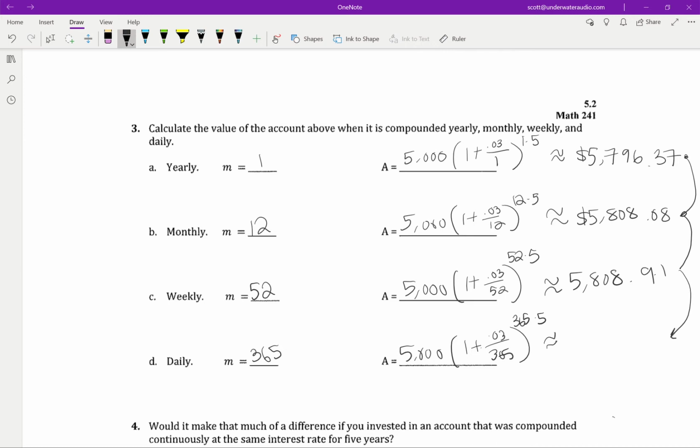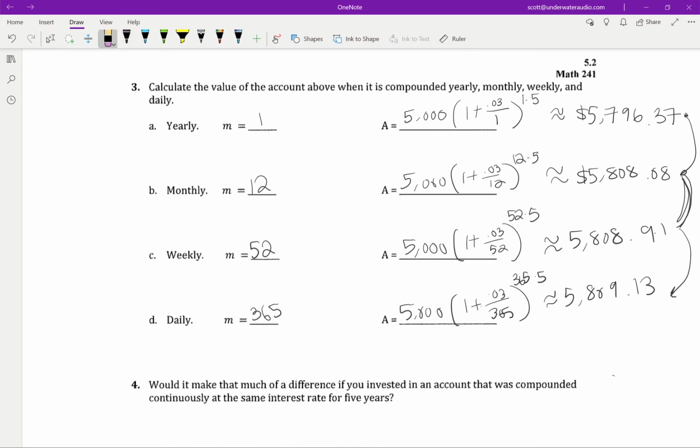So that is 5,809.13. So it went up roughly, I don't know, 70 cents from part B to part C. But then from part C to part D, it went up even less than that. It's kind of an interesting thing to keep in mind.